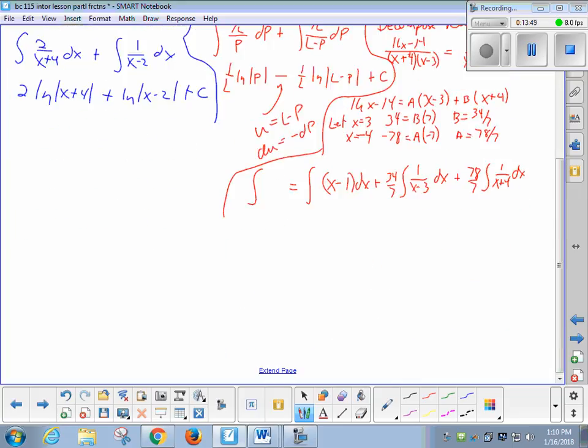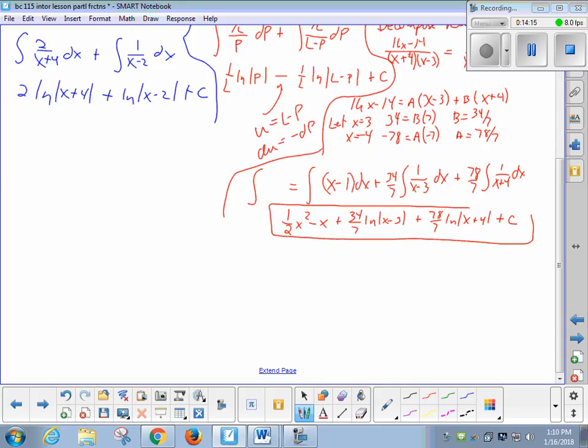So our antiderivative, finally, run it in for the touchdown: 1/2 x squared minus x plus 34/7 natural log of the absolute value of x minus 3 plus 78/7 natural log of the absolute value of x plus 4 plus C. Isn't that easy?